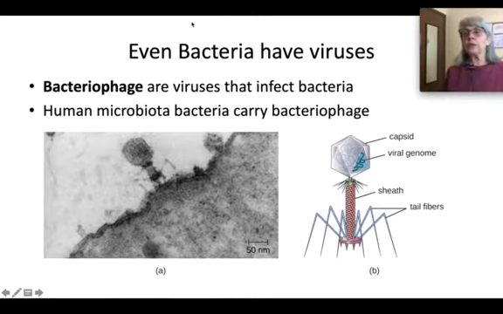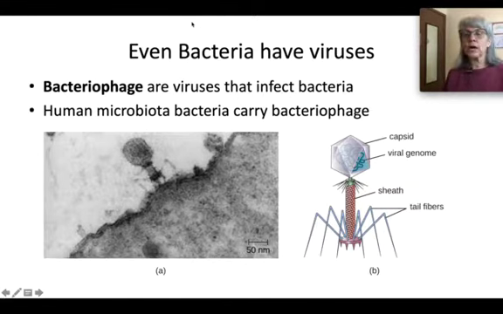Now, all living things can be infected with viruses, even bacteria. But viruses that infect bacteria have a special name. They're called bacteriophages. So if you see that word, you know that is a virus that infects bacteria. That virus is a little more complex in structure. It's got more than just the capsid and genome.